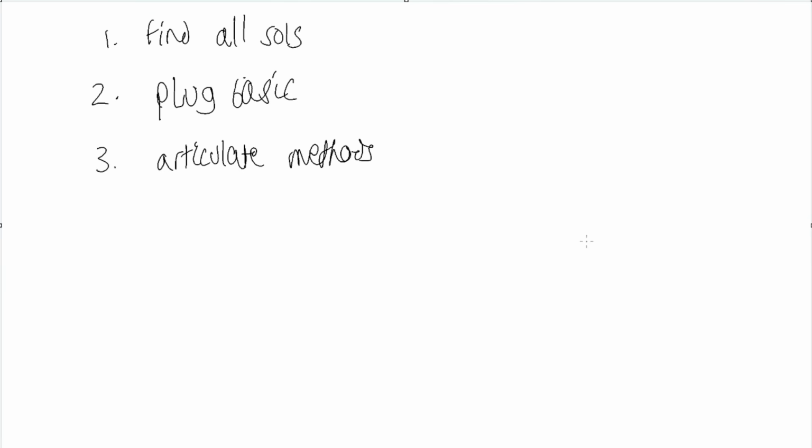And you're often going to devise methods on the fly. You could be faced with a certain problem, and you'll have to devise a method that you've never seen before based on your intuition. Those are for the super, super hard problems, so don't get intimidated. And that's basically articulate methods.